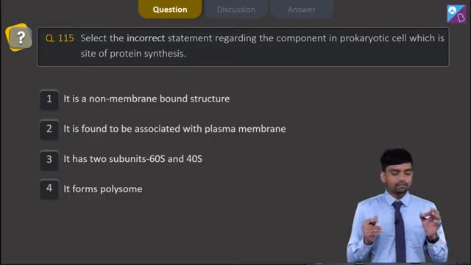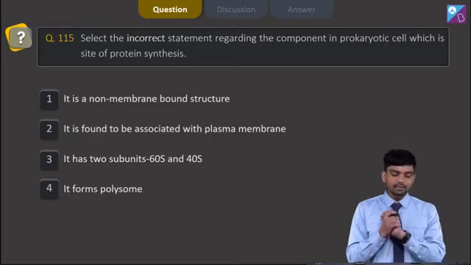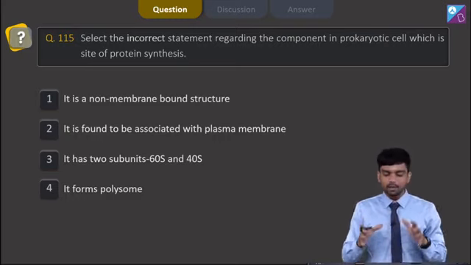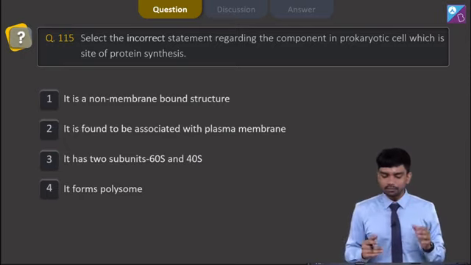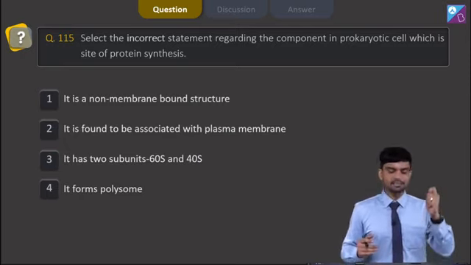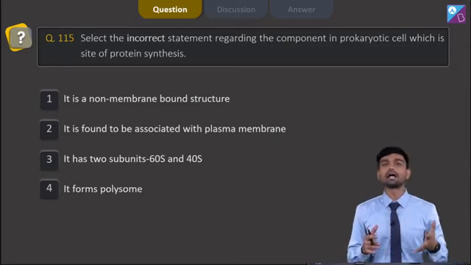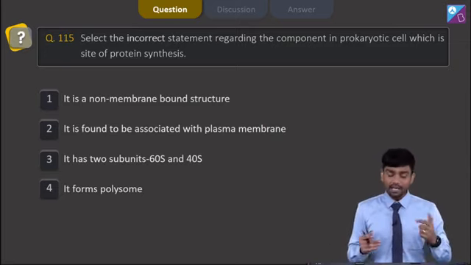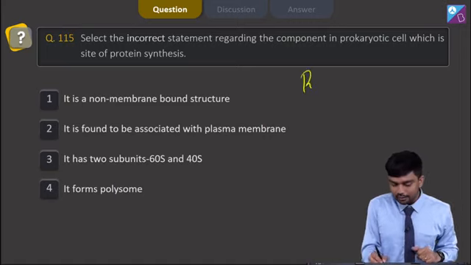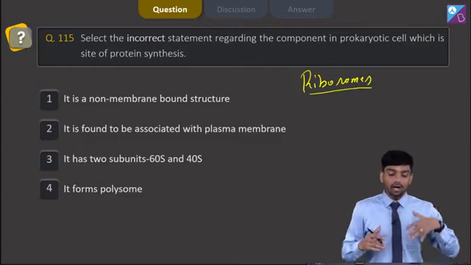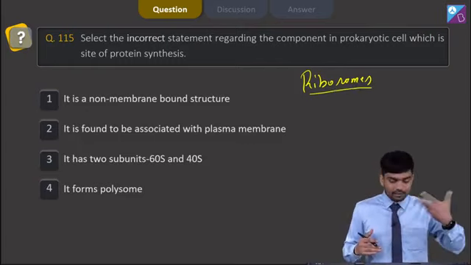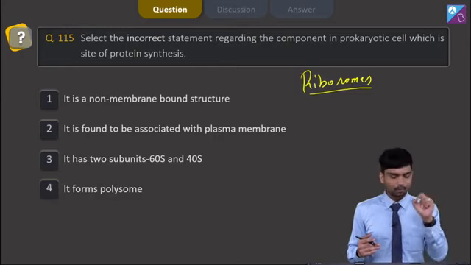We move to question number 115, which says select the incorrect statement regarding the component in prokaryotic cell which is the site of protein synthesis. A prokaryotic cell does not have any membrane bound organelle. So we have structures called ribosomes. Ribosomes, also referred to as the protein factory of a cell, are involved in protein synthesis, and these are non-membrane bound.